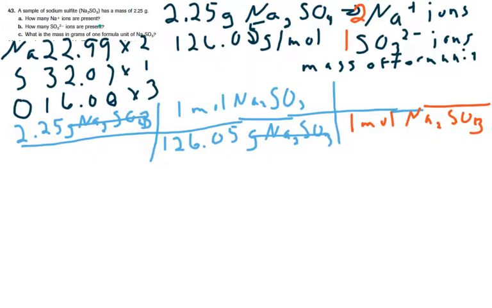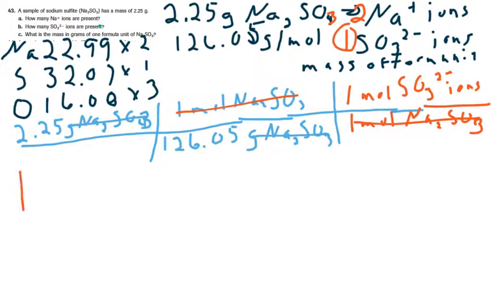So I'm going to start with the sulfite because it's the 1. I like to start with 1 here. 1 mole of sulfite ions. Just notice I wrote a 4 there instead of a 3. It's supposed to be a 3. And moles, cancel, moles of sodium sulfite.